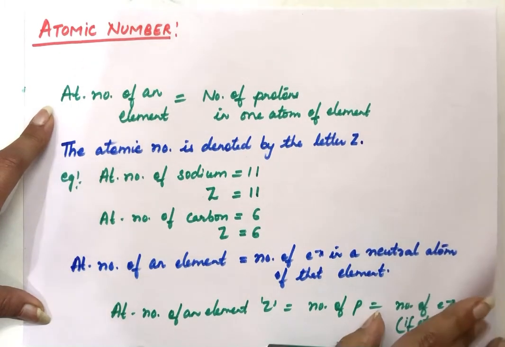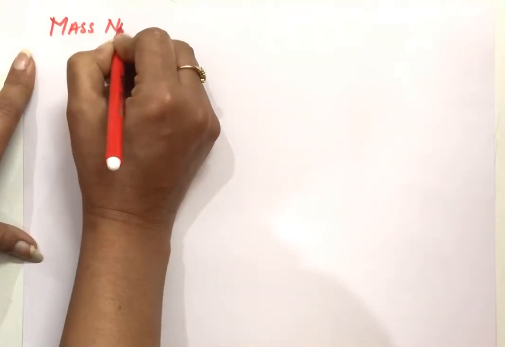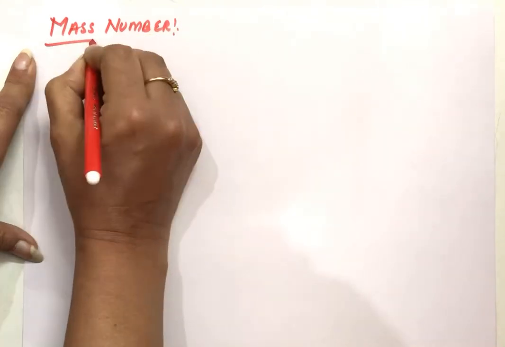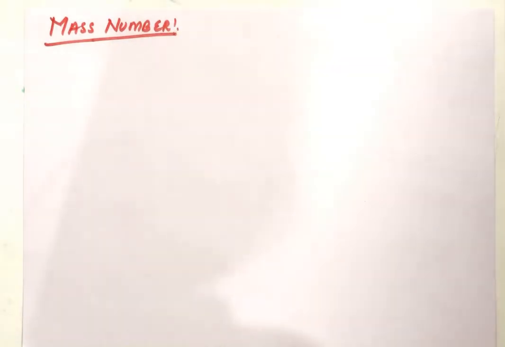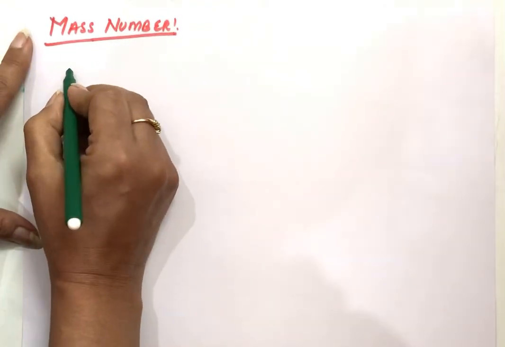And now next after atomic number is mass number. Mass number is equal to number of protons and neutrons present in one atom of an element.